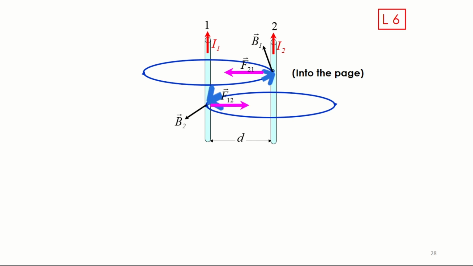So we label here F12. F12 is the force on conductor 1 due to conductor 2, directed to the right or towards conductor 2. So it means that the two conductors attract each other. We call it attractive force. When the currents are in the same direction, the two conductors attract each other.